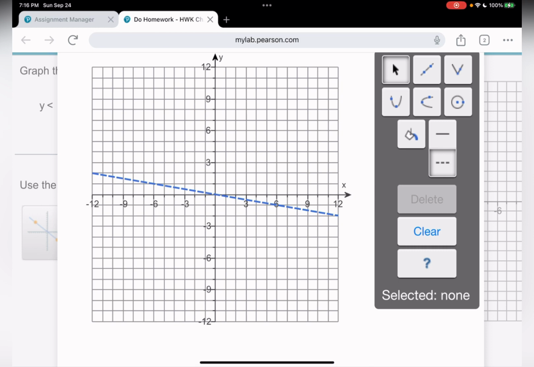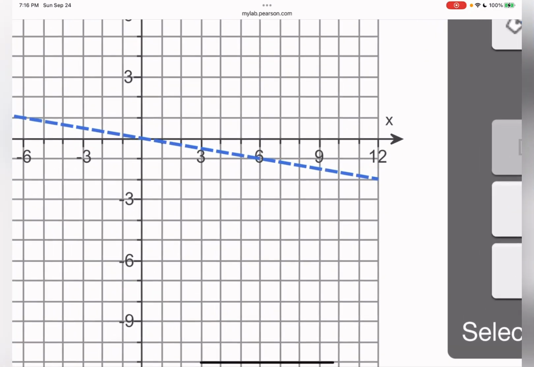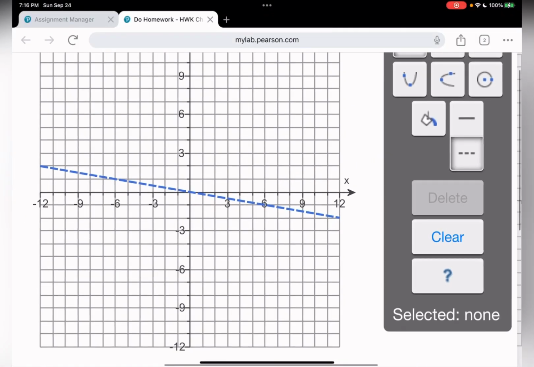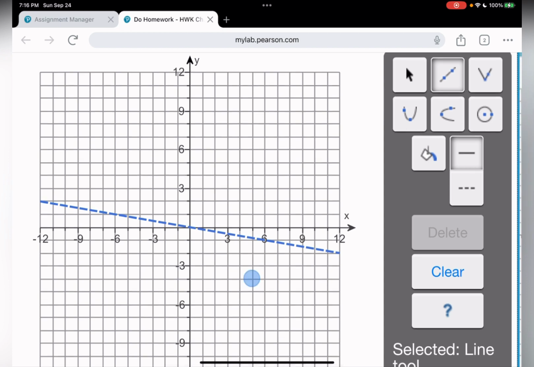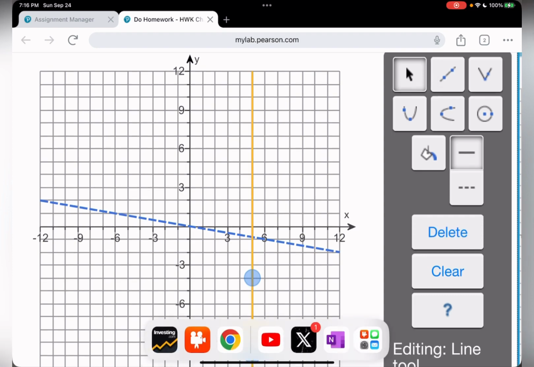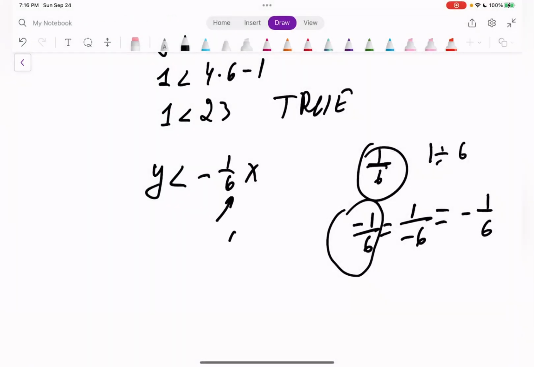Okay? Well, now let's check which way we're going to shade, on the top or at the bottom. So let's see, I am taking, for example, what point is it going to be? This point, 5 and negative 4. My y is negative 4 less than negative 1 over 6 times 5.